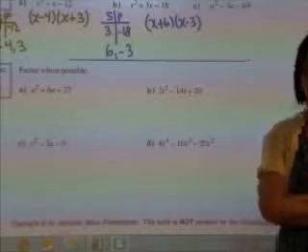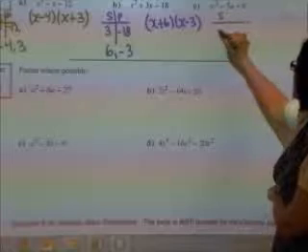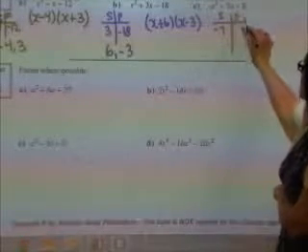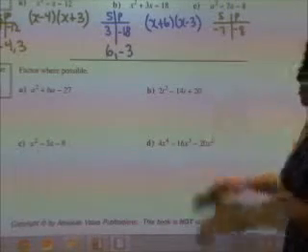Okay, so look at C. Sum is negative 7. Product is negative 8. So what are two numbers that multiply to give me a negative 8 and add to give me a negative 7?